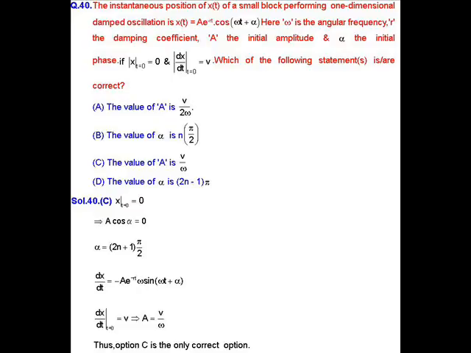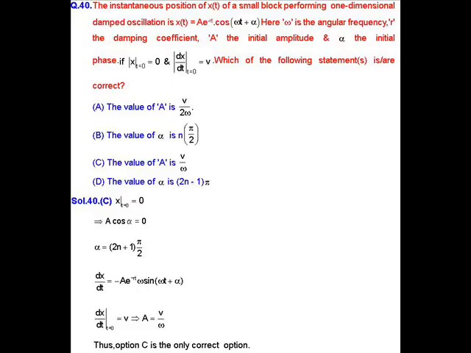By putting the value t equals 0 in this equation, x at t equals 0 equals 0, that implies a cos alpha equals 0, or alpha equals (2n plus 1) pi by 2, because alpha is an odd integer multiple of pi by 2.